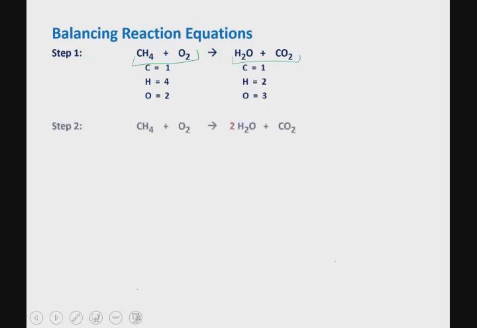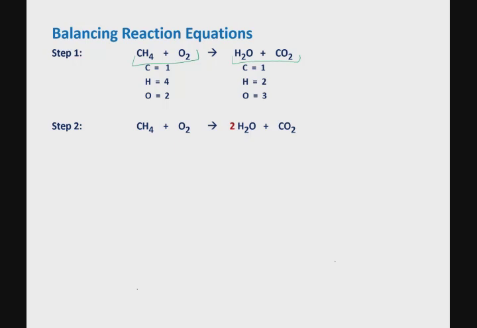So remember, the only thing we're allowed to do is change the number that goes in front of the chemical formulas or symbols of substances involved. That number is called the coefficient. If there isn't a number, then of course the implied number is 1. So here's my first step.